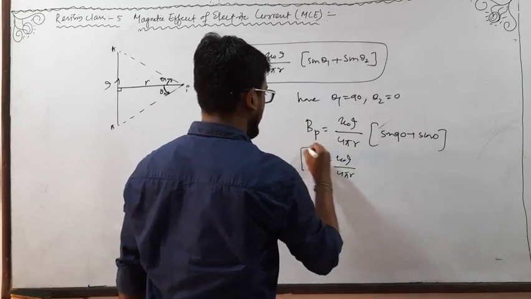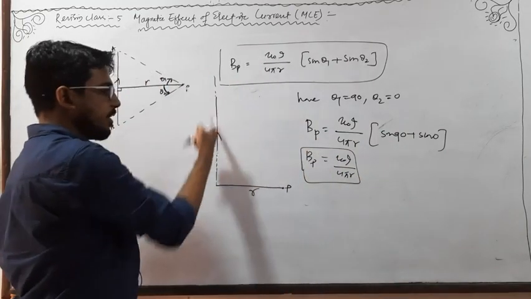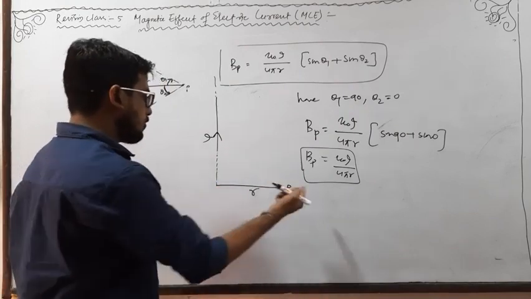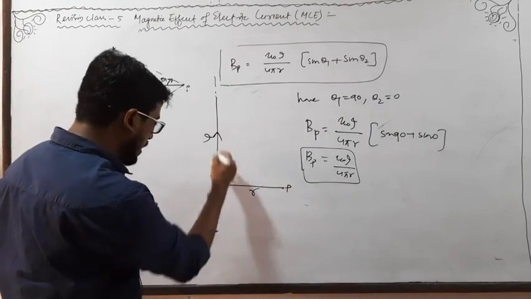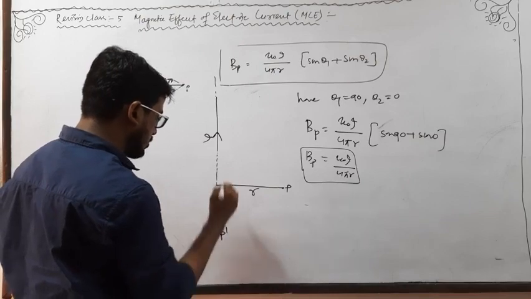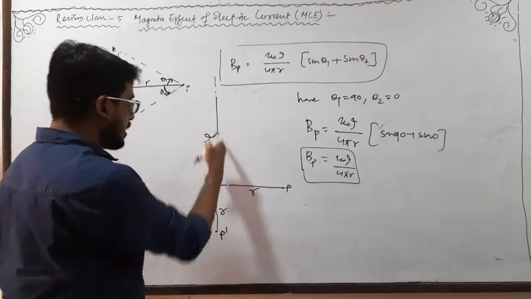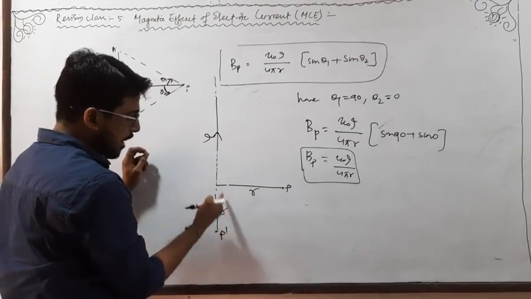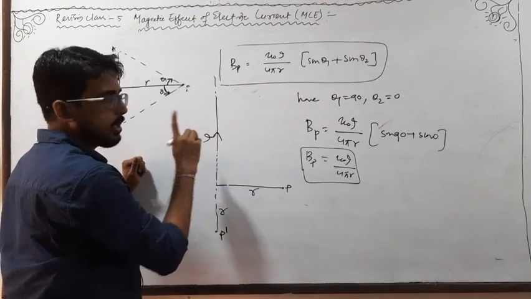So this is the expression for the magnetic field due to an infinite long straight current carrying conductor when the observer is close to one end. If the point of observation lies along the length of the conductor, let this be a point of observation P dash at a distance r but along the length of the conductor, then theta 1 will be 180 and theta 2 will be 0.